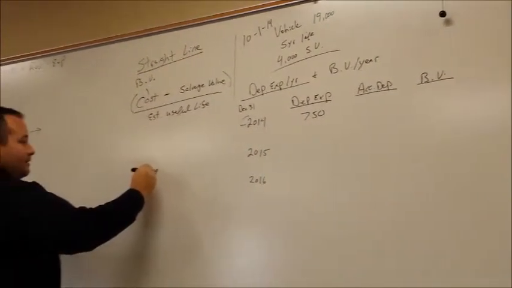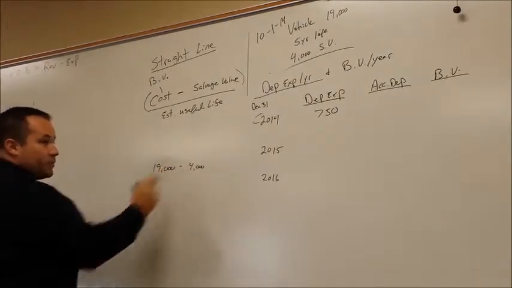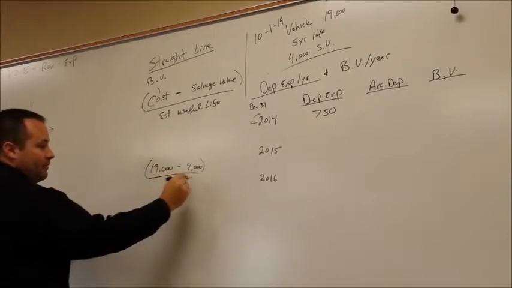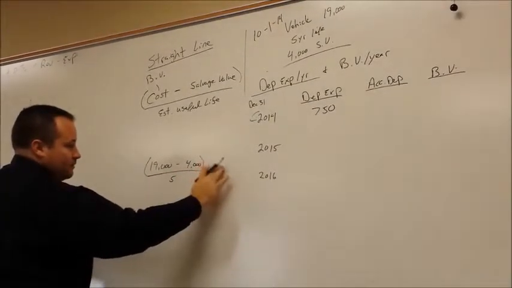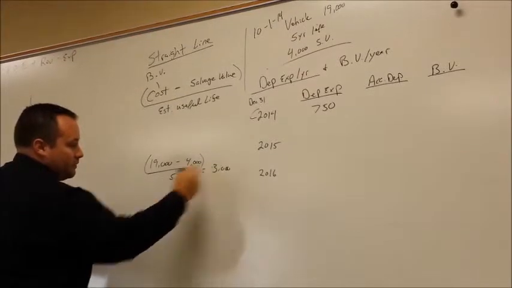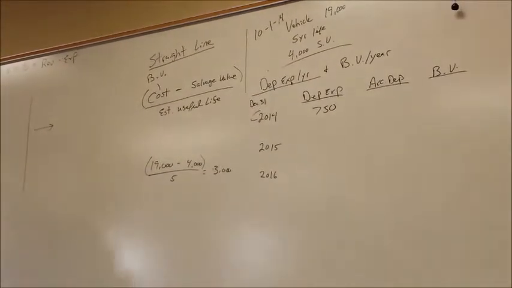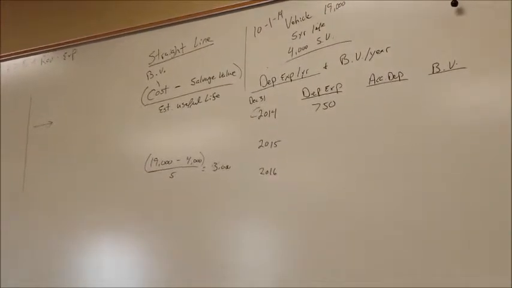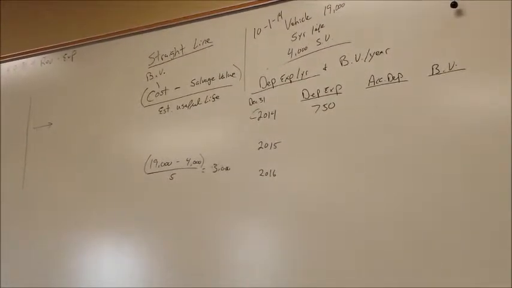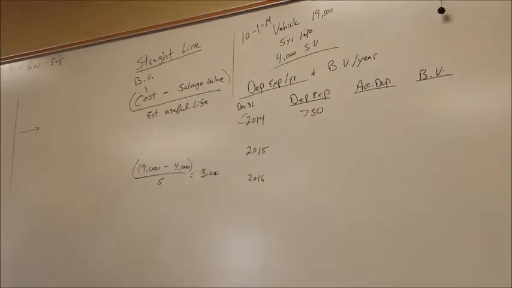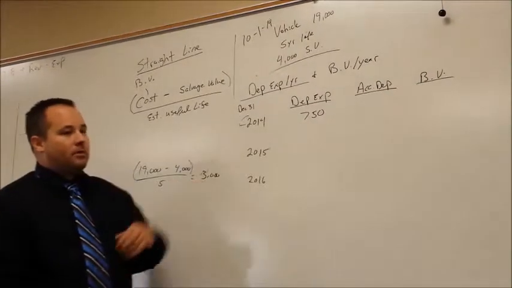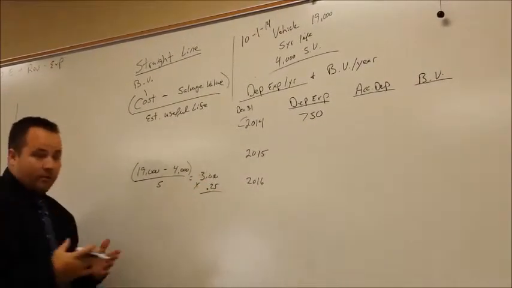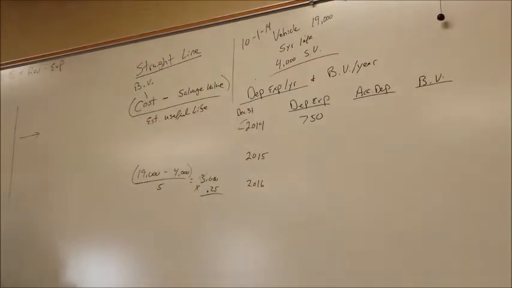Cost of 19 minus the $4,000, what I plan on selling it for, or what I think it's going to be worth when I'm done. $3,000 per year is my typical expense. But I didn't have it for a year. I only had it for a quarter of a year. So I need to take that $3,000 over a quarter of a year, or 3 over 12.